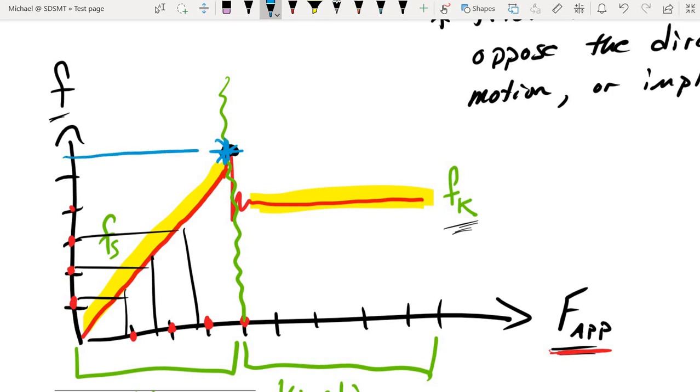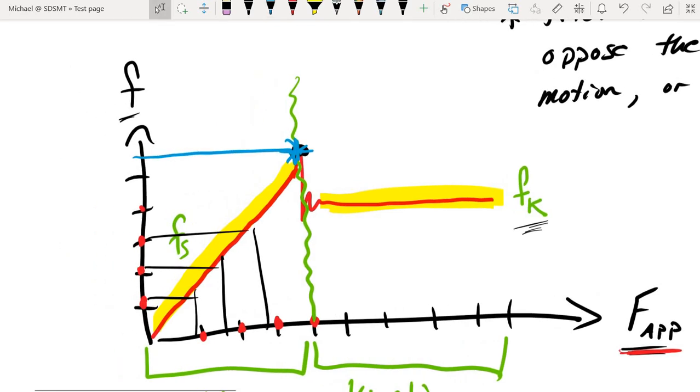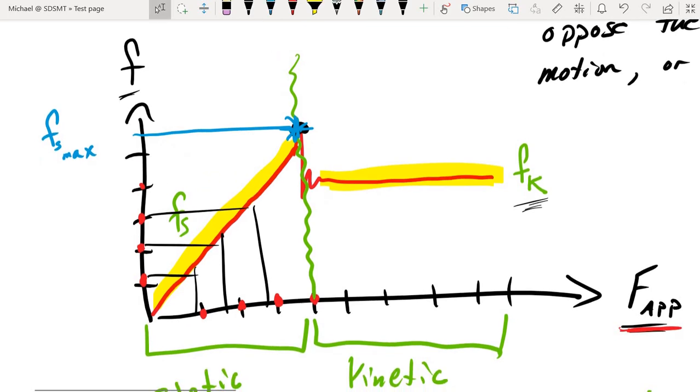And right here is where we achieve what we call the maximum static friction. So this is the absolute largest amount of static friction that the system can provide before we go through that jerking motion and then we start moving.